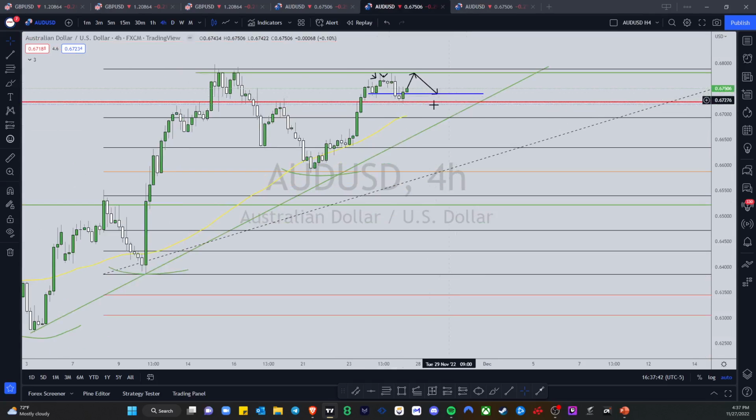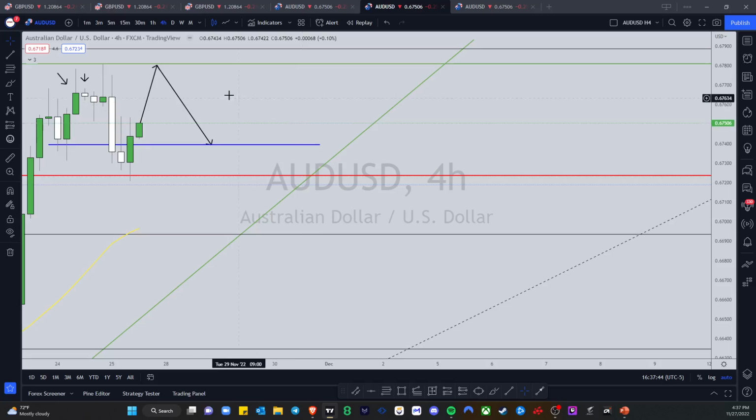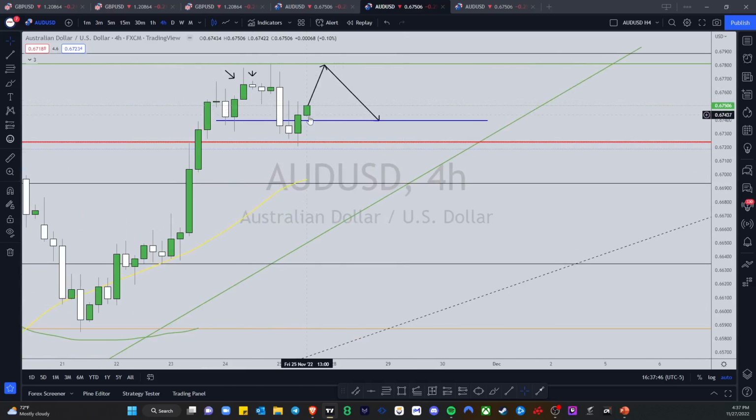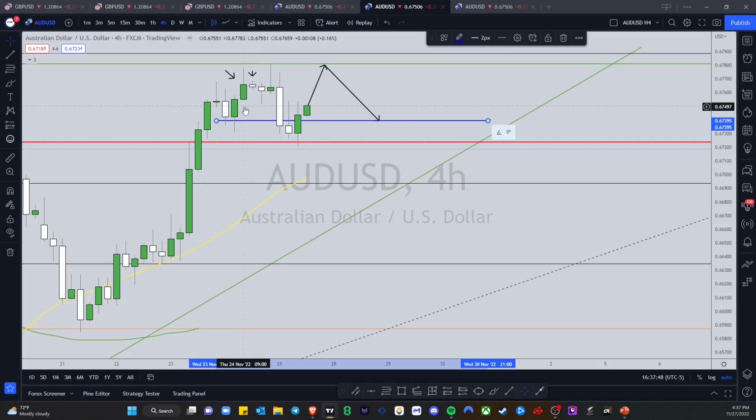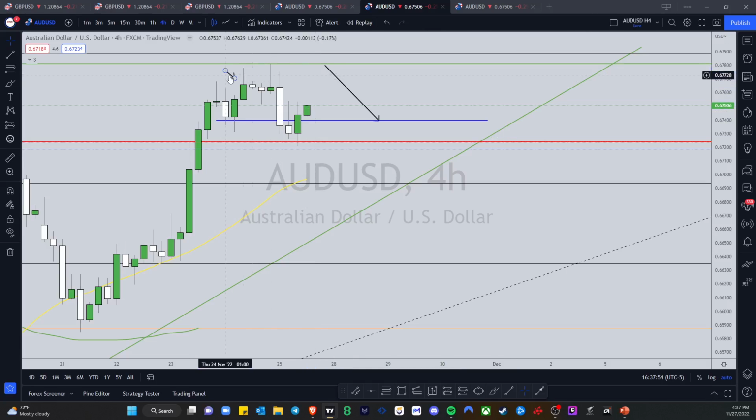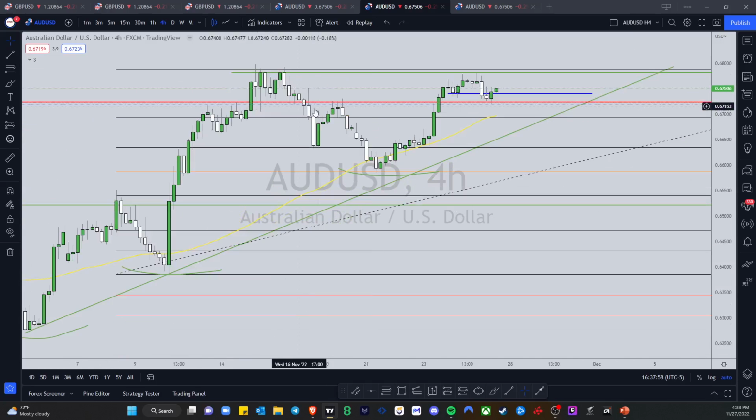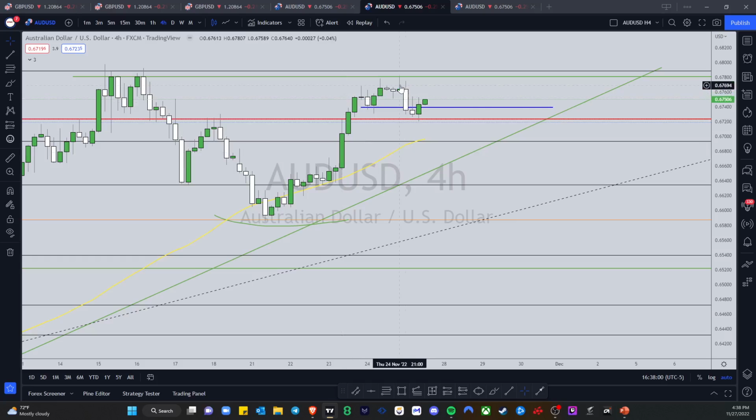So on H4 right now, it's still technically bullish, because structure on H4 has not been broken yet, but it's showing exhaustion. The last high that was made is higher than this right here, so that's a lower high, but it hasn't broken this area right here.